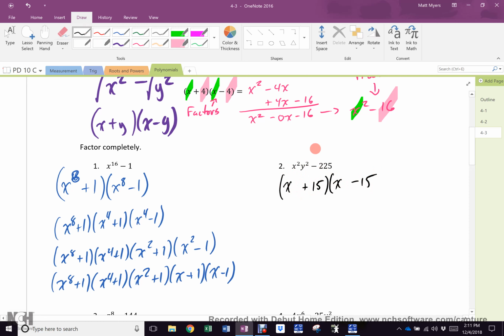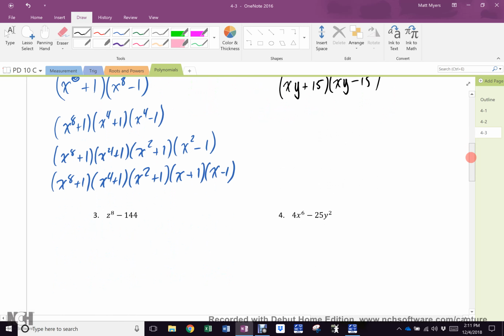Okay. What if there was no x there? What would it be? 1, just replace it. Y. So what do we do when they're both there? Just do that. Because xy times xy is x squared y squared. Any questions? Exact same concept all the way along, even if it looks different.